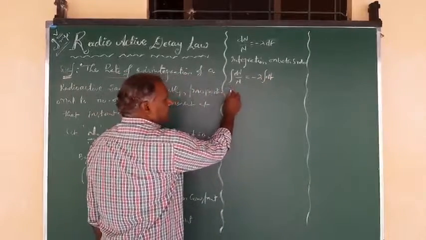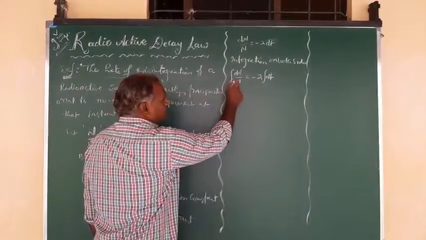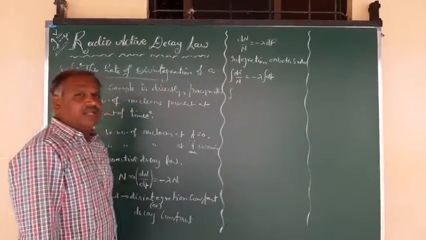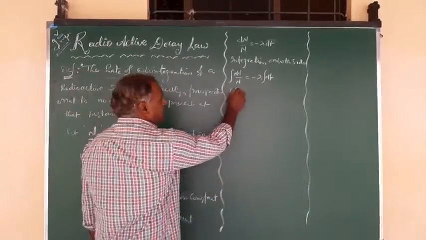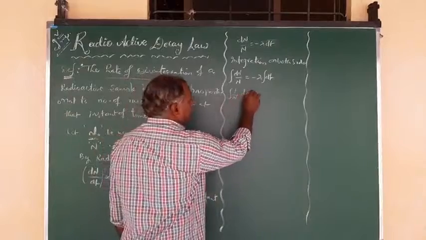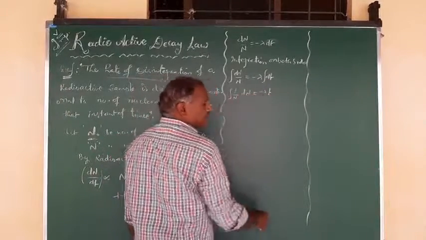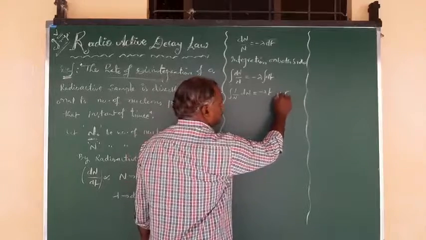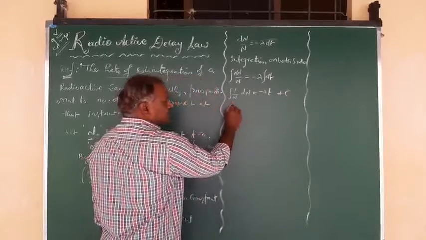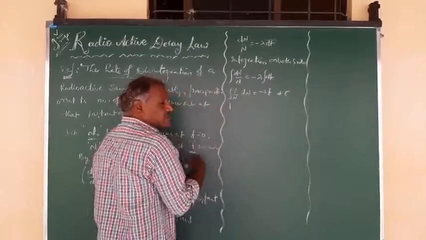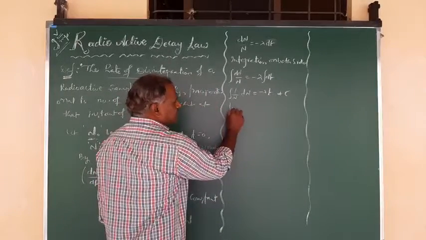Now this is nothing but integration of 1 by N dN, and minus lambda integration of dt is t, plus some integration constant c. The integration of this one is a log base e, exponential base, which can be written as ln.